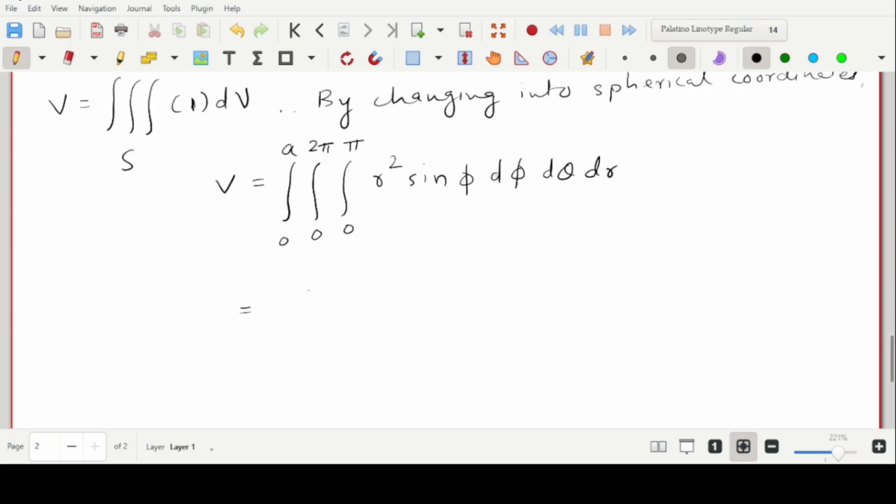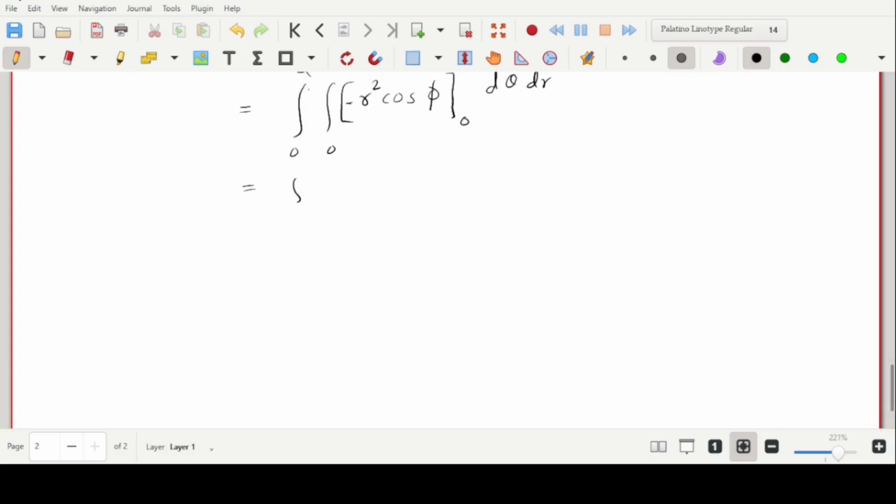So 0 to a, 0 to 2 pi, r square, integral of sine of phi is negative of cos phi, and limits of integration are 0 to pi, d phi d theta dr. Zero to a, 0 to 2 pi.